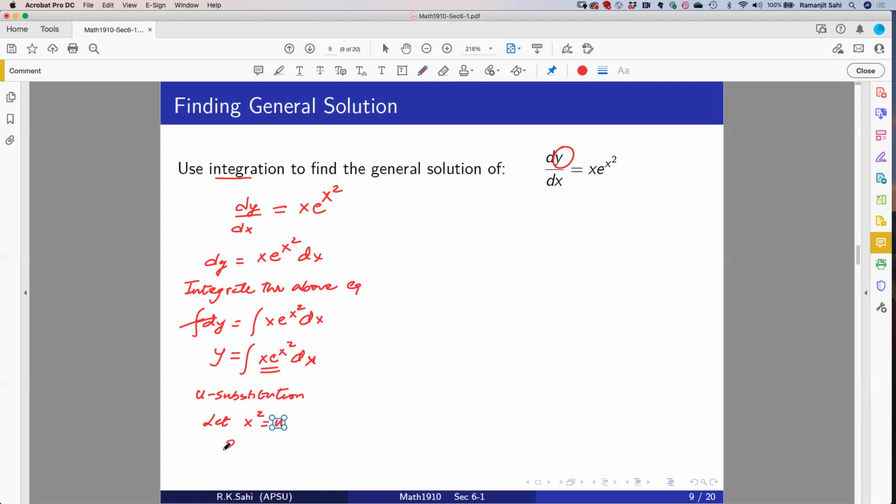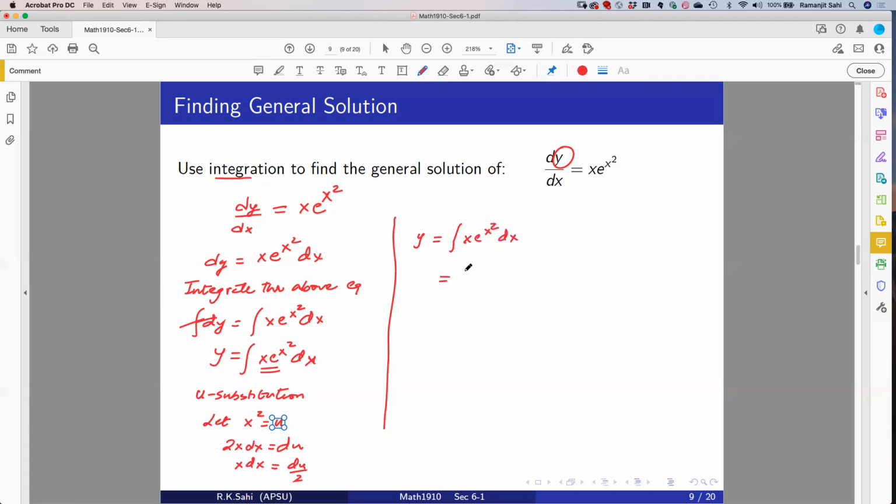Now we differentiate, and we get 2x dx equals du. We're very close, we just need to get rid of the 2. So we write x dx equals du over 2. So now, after our u substitution, y equals the integral of x e to the power x squared dx.